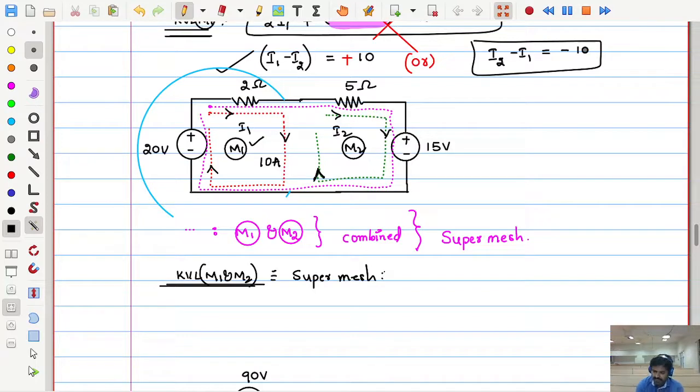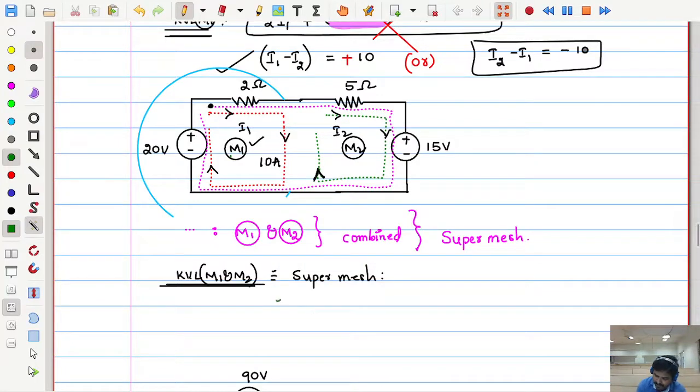Tell me, again you start the pink color dotted line somewhere. But here care should be taken that as long as you are in the red color area, like my area, though you deleted your friend between you and me, as long as you are in my area, I should use my current. If I enter your area, I will use your current.